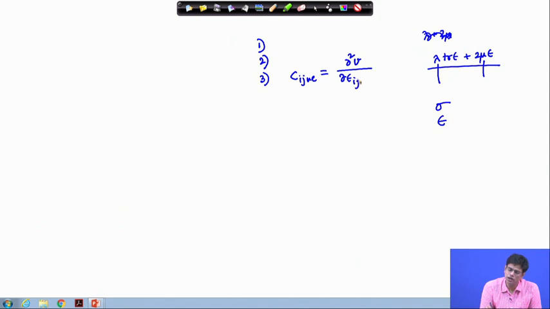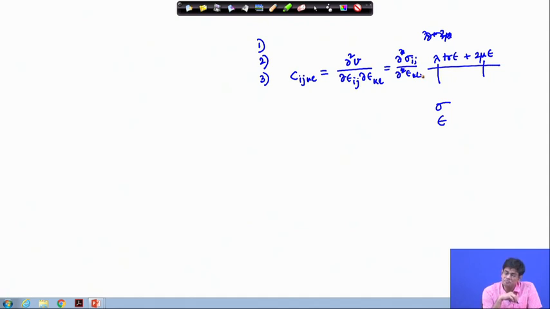We derived this, and with Hooke's law implemented, we can also write it as del sigma ij by del epsilon kl, or in this form.